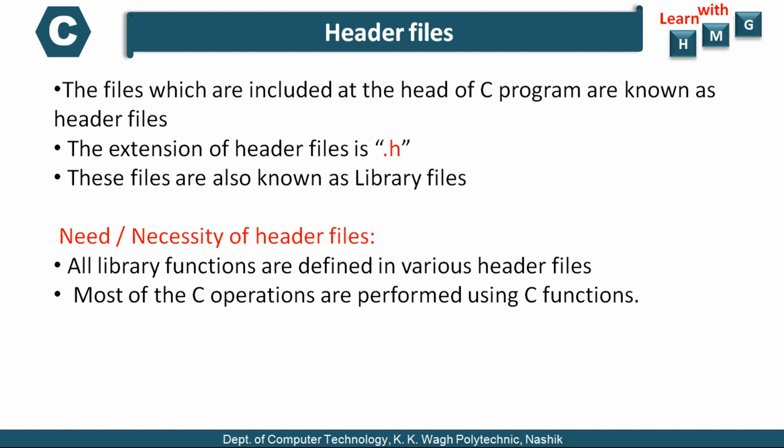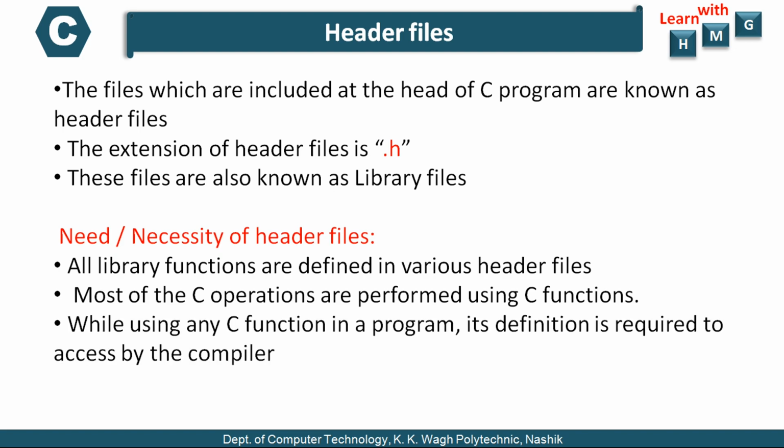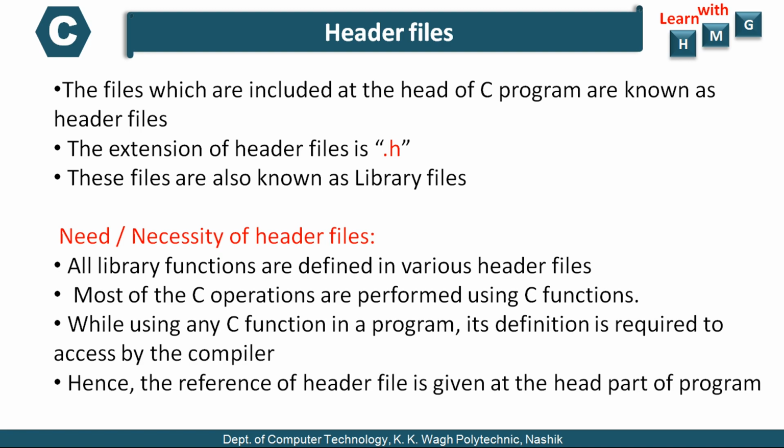C is a function oriented language, and whenever you use these functions in your program, their definition is required by the compiler. Only the function name is specified in your program, but its complete definition, the complete task assigned to that function, is not available there. It is available in the header file, and that header file should be known to the compiler, and that's why its reference is given in the header part of your program.